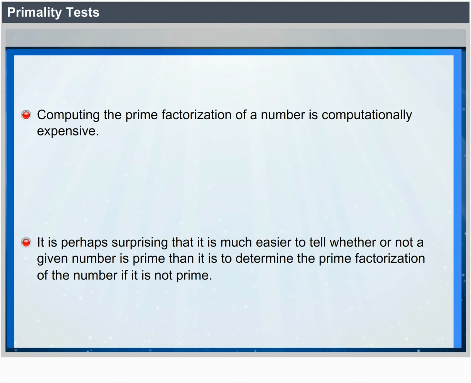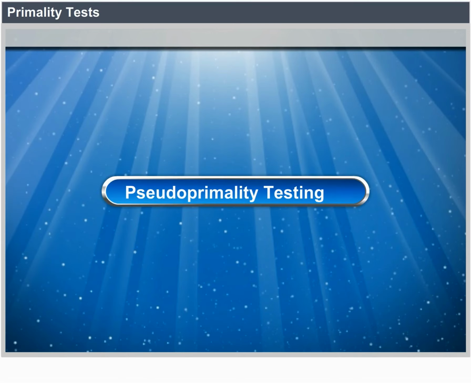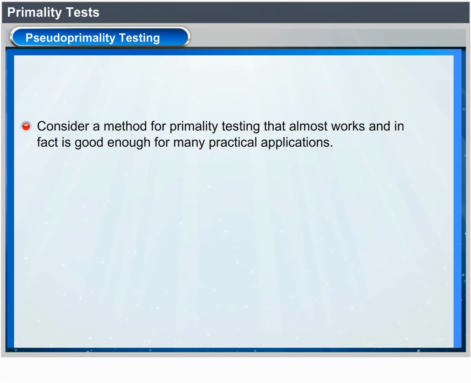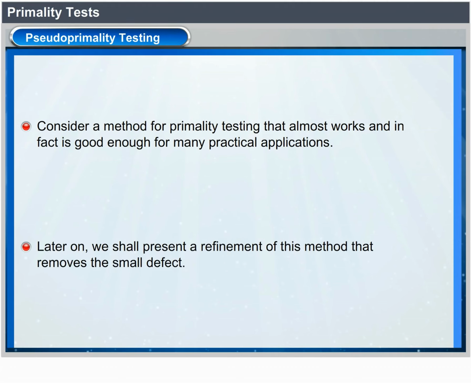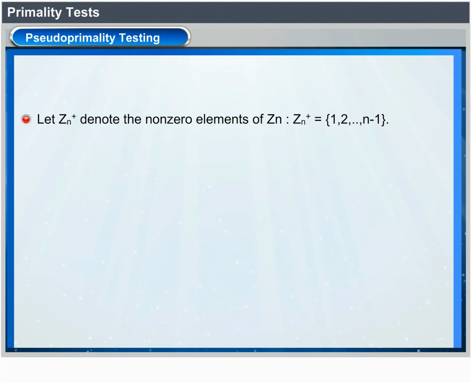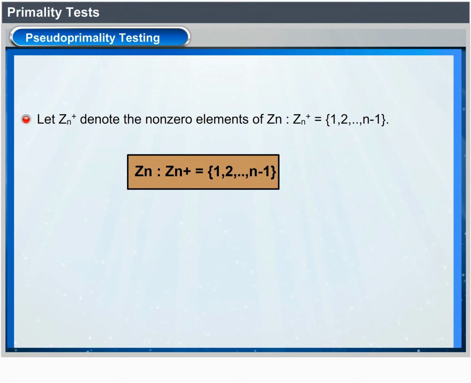Pseudo-primality testing. Consider a method for primality testing that almost works and in fact is good enough for many practical applications. Later on, we shall present a refinement of this method that removes the small defect. Let Zn+ denote the non-zero elements of Zn. Zn+ = {1, 2, ..., n-1}.